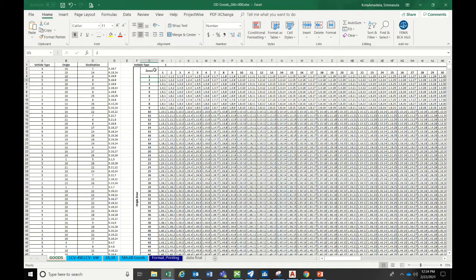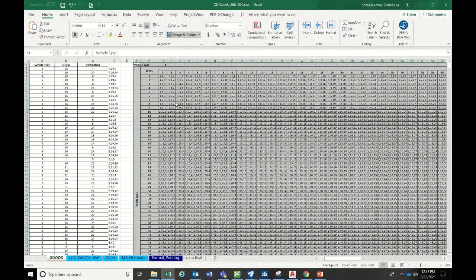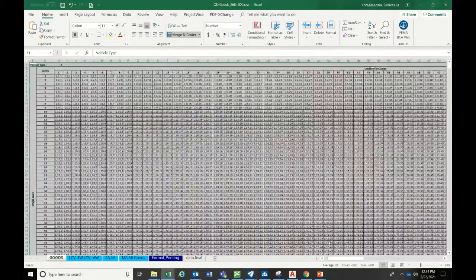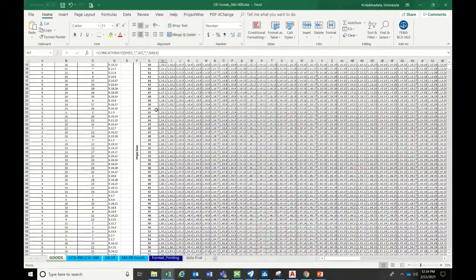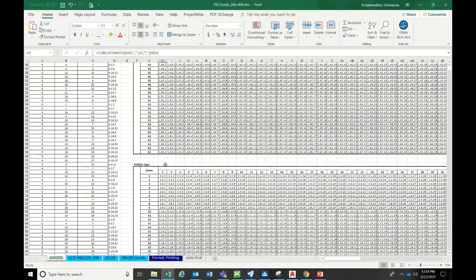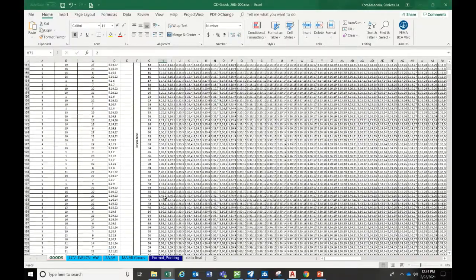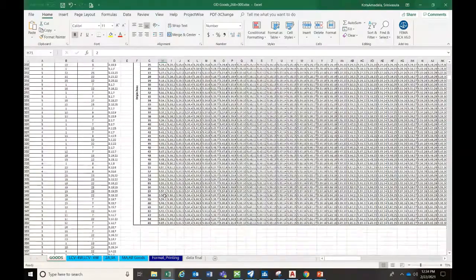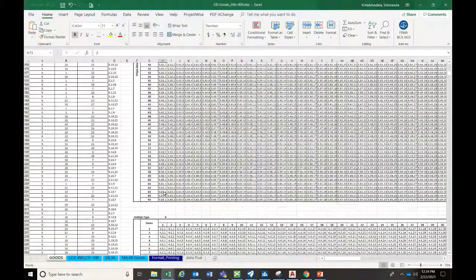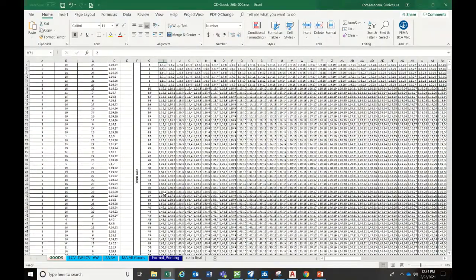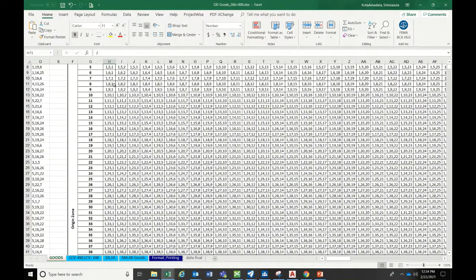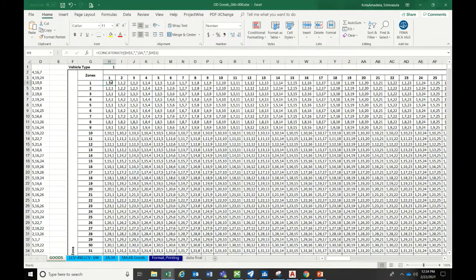Then you have to prepare a vehicle-wise table matrix, the OD matrix, for vehicle type 1, vehicle type 2, vehicle type 3, 4, 5. You may have a doubt how it is formed. It is a simple concatenate: first the vehicle number, then origin, then destination.